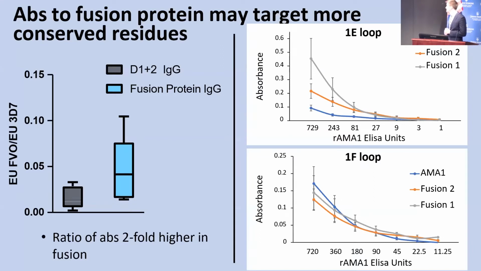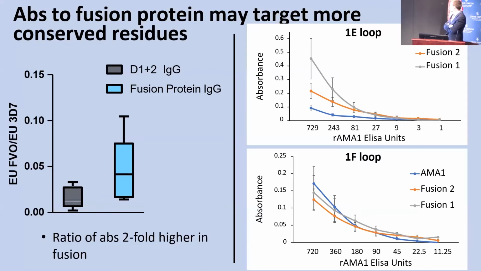On the left, this is data from antibodies purified from rats vaccinated with either domains 1 and 2 or our fusion protein 1. And we're looking at the ratio of heterologous to homologous binding. And we see that in fusion protein 2, we have a significantly higher level of heterologous binding than domains 1 and 2.